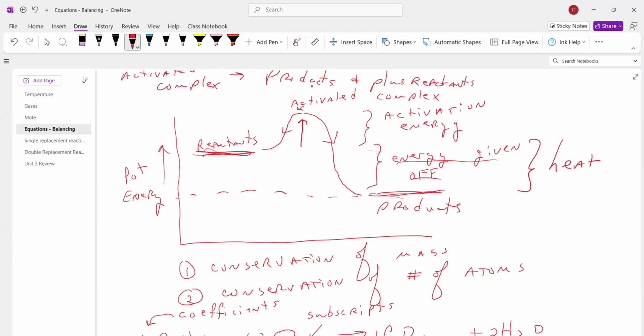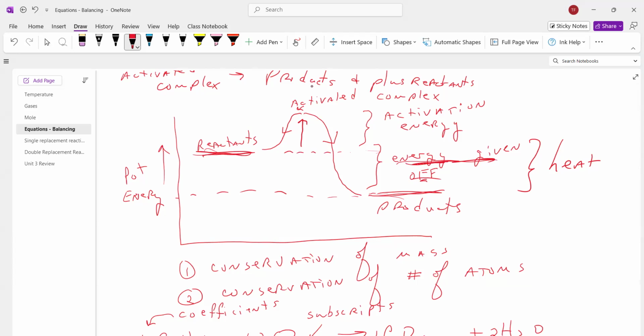So what happens is, if the products are more stable than the reactants, then more of the products are going to form than the reactants. This is what the graph looks like. This difference here is how much energy is given off.